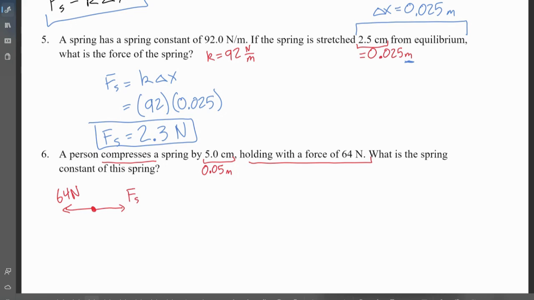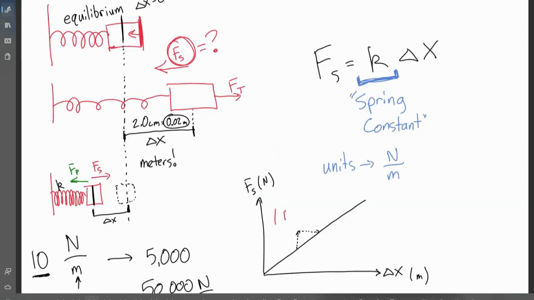So we can say holding, right? Holding means it's at rest, so acceleration is 0 meters per second squared. So the sum of the forces is ma, force of the spring minus 64, but our acceleration is 0. So force of the spring equals 64 newtons.